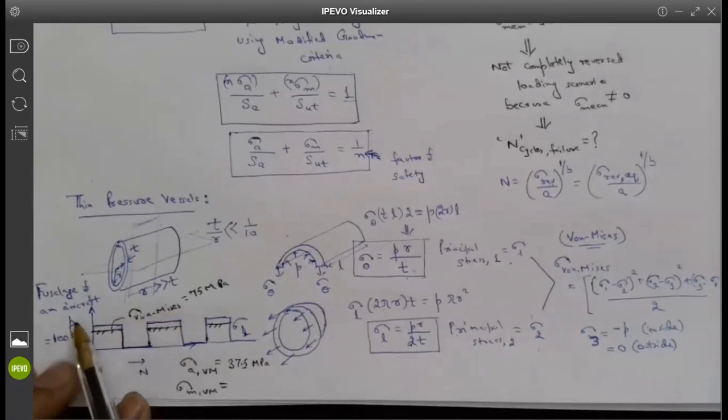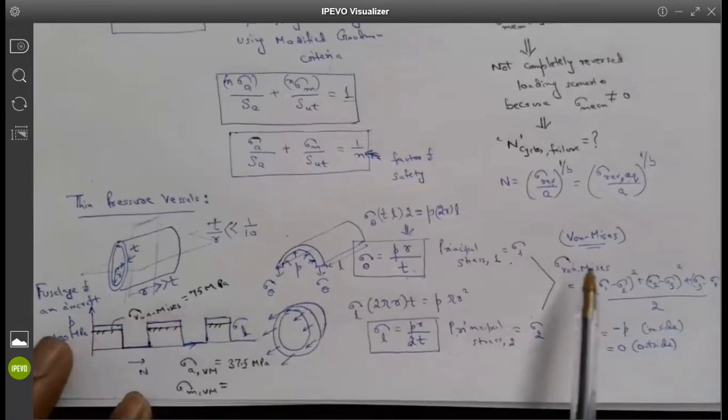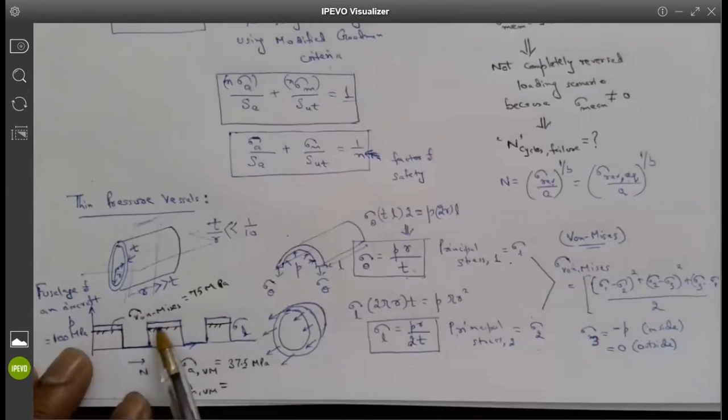From the pressure, we need to calculate the stresses, and from these stresses, we need to combine them into von Mises stresses, and that is what we are plotting in dotted lines. So you are plotting 75 megapascals, then 0, then 75 megapascals during the pressurization cycle, then 0, then 75 megapascals, and so on. So the amplitude of this von Mises stress cycle is 37.5 megapascals.